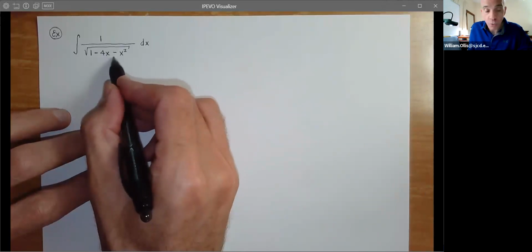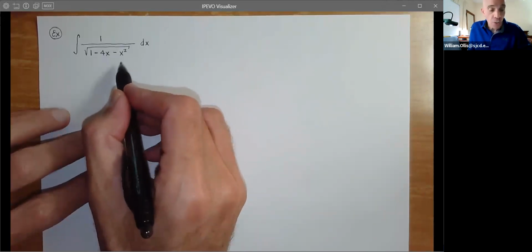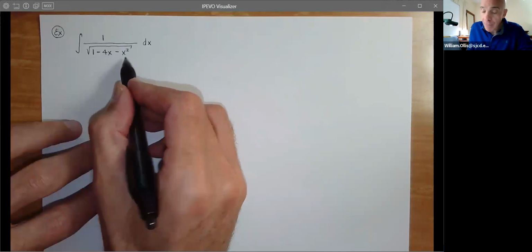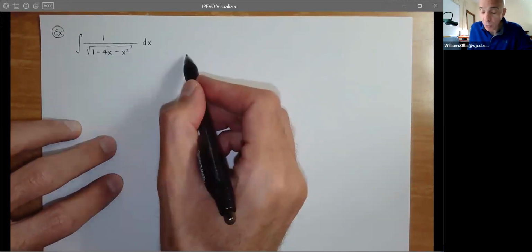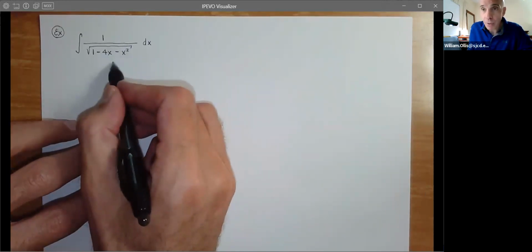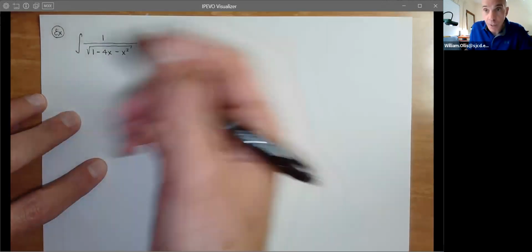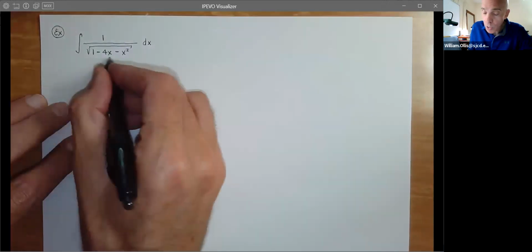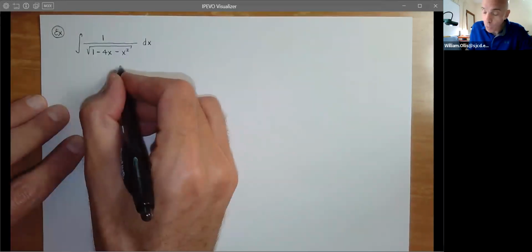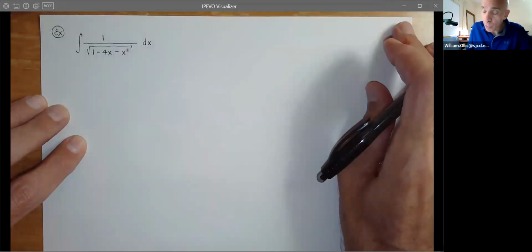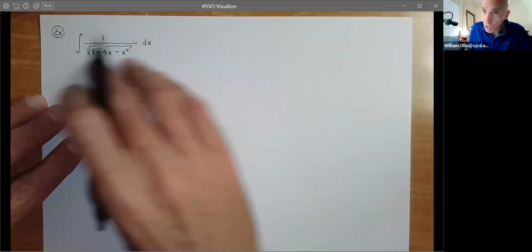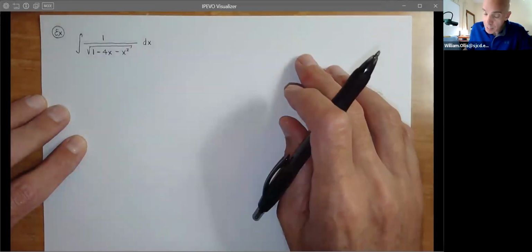So the first thing we want to do is make an effort to complete the square. Now, you can complete the square in the integrand, or you can do a little sidebar. It really doesn't matter. Just for ease of use here, let's just go ahead and complete the square as a little sidebar. You can do it linearly with the integral, but sometimes it's better just to do the calculations as a sidebar.